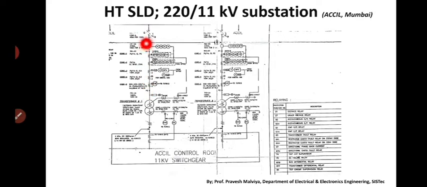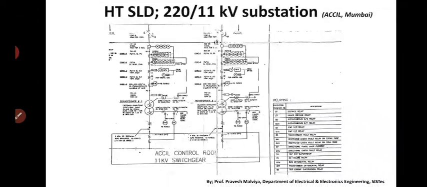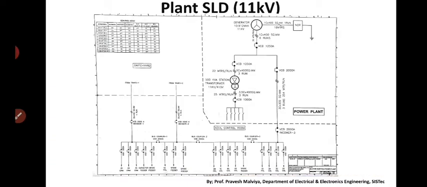Roughly, 220 kV is being stepped down to 11 kV. This is the control room which we had looked at in previous slides. This is the control room, 11 kV. This is transformer 1 and transformer 2.